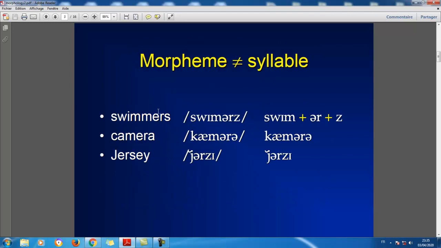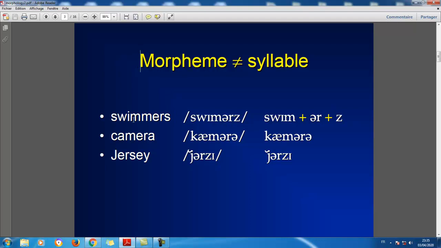Let's have a look at another distinction that we need to draw within the framework of morphology. So a morpheme should be made different from the notion of the syllable. Let's have a look at these examples to explain this. In the word swimmers, here this is a word.